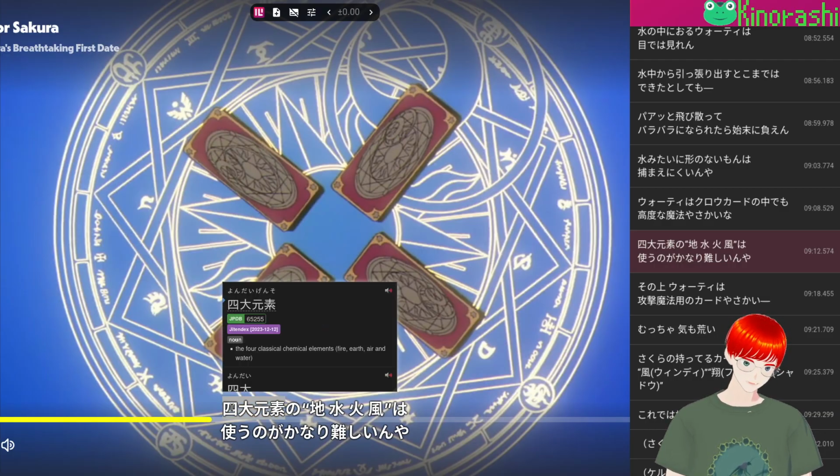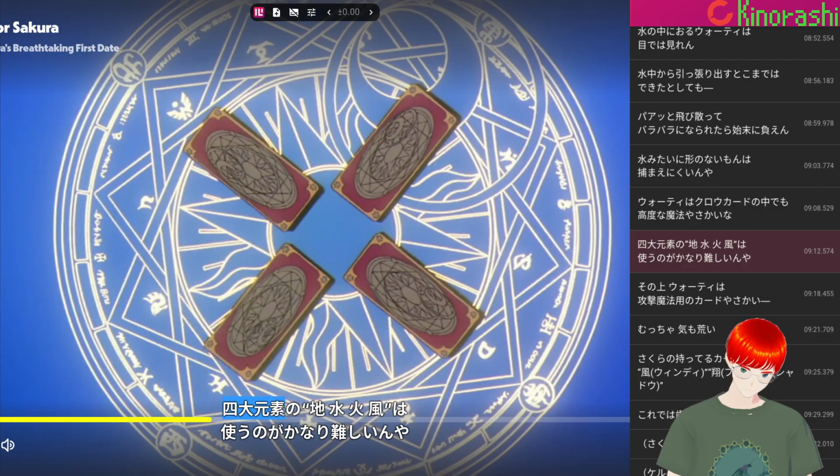四大元素, the four classical chemical elements. So, yondai genso are fire, earth, air, and water. Yondai. Let's break that kanji down. The first is obviously 4. That's big. And then if I get rid of the 4, what does it become?